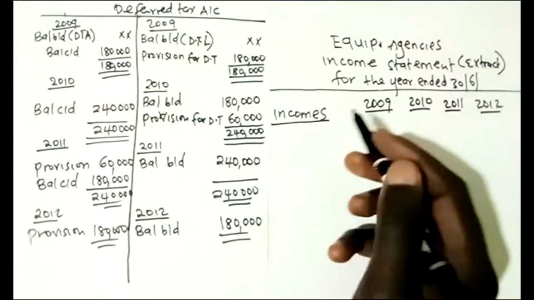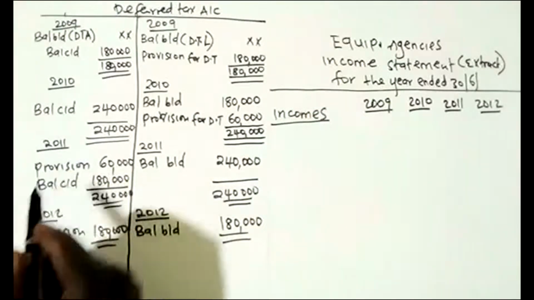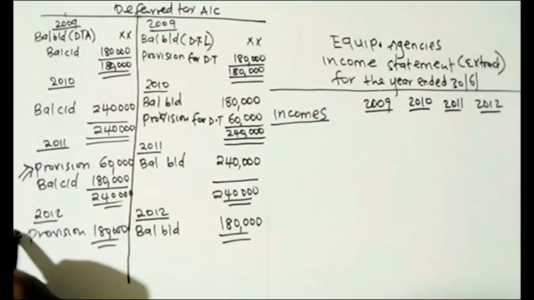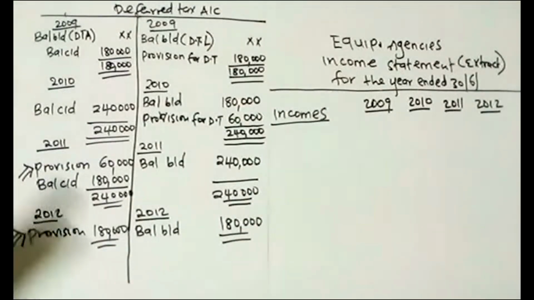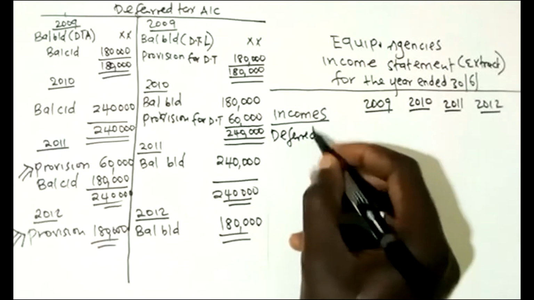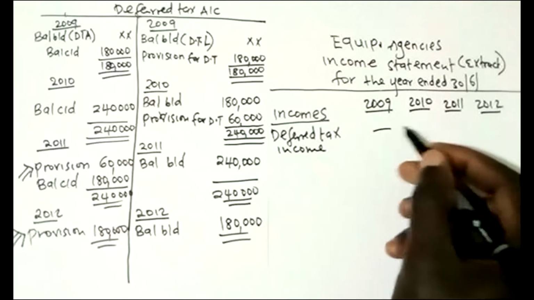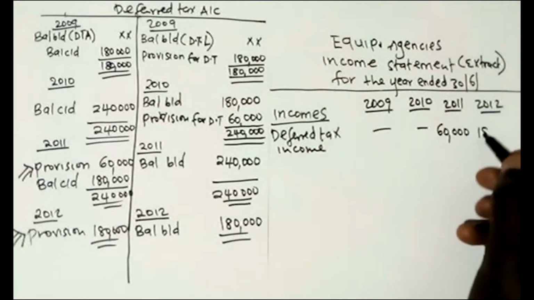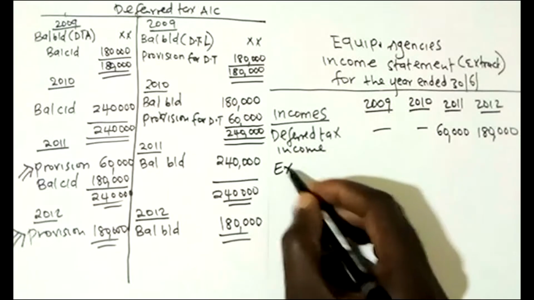So incomes we have are the two, where the deferred tax reduced, where there was a reduction. So we say deferred tax income, which is 60,000 and 180,000. Then you come to talk about expenses.